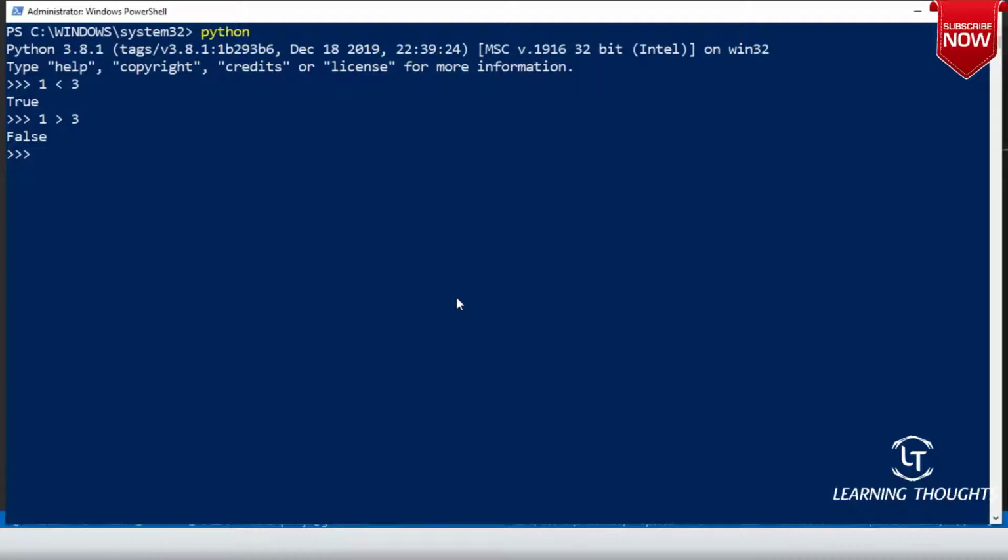So I would try to tell that is 1.0 greater than or equals to 0.9. Is 1 equals to 1? Is 2 not equals to 3?